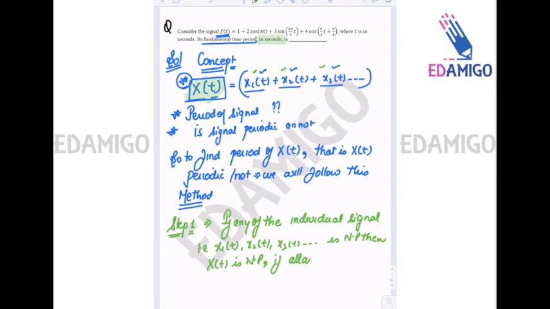If all are periodic, then move to step 2.